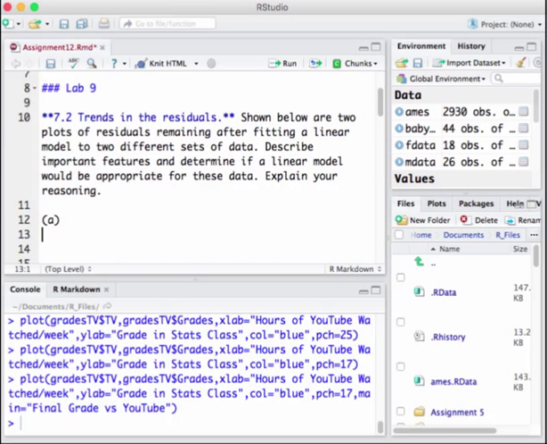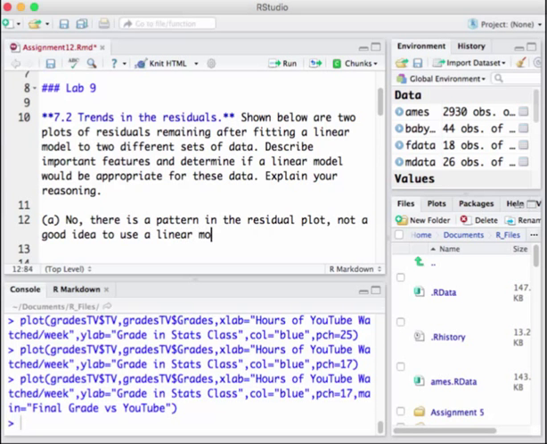And so what we would type in is we would say, no, there is a pattern in the residual plot, not a good idea to use a linear model. Okay, nice. All right, so hopefully you've got this open while you're watching this lab. This is a good idea so you can actually be typing as you're going along here, all right?